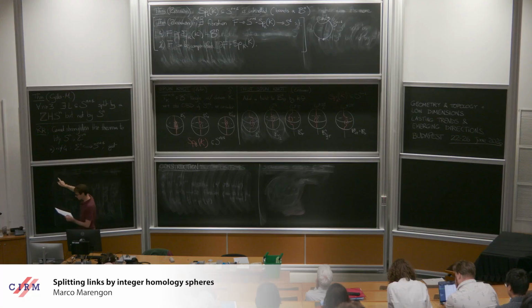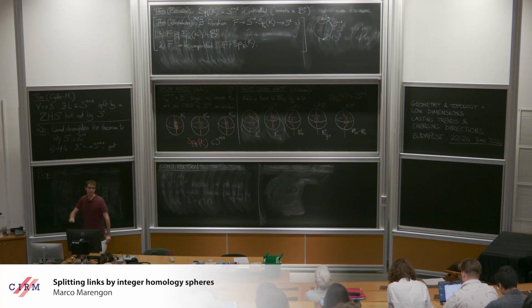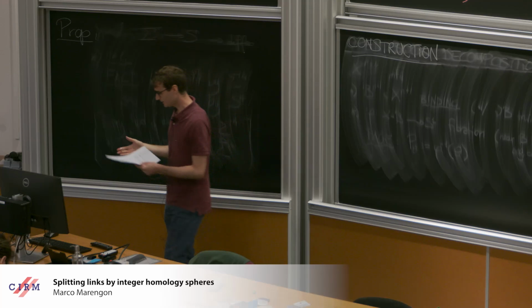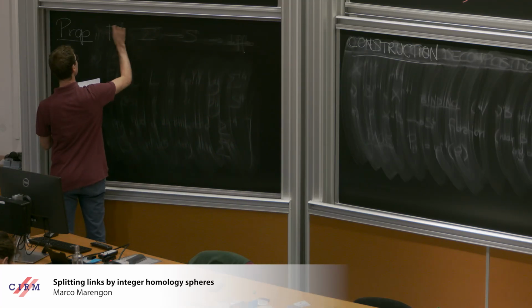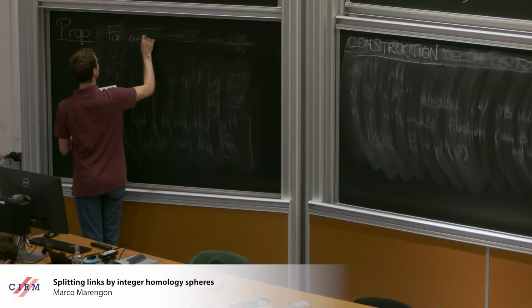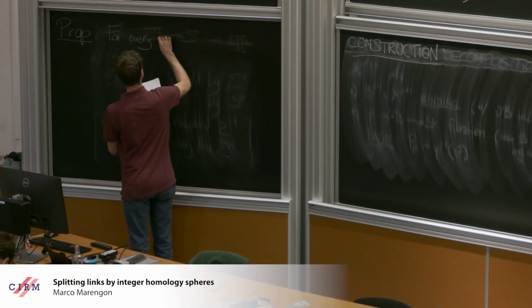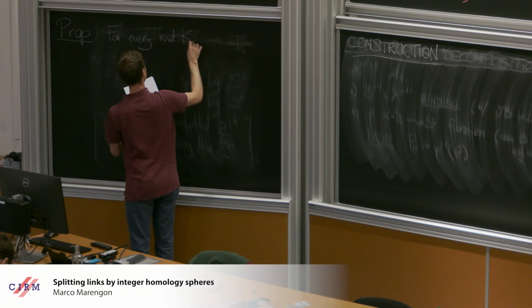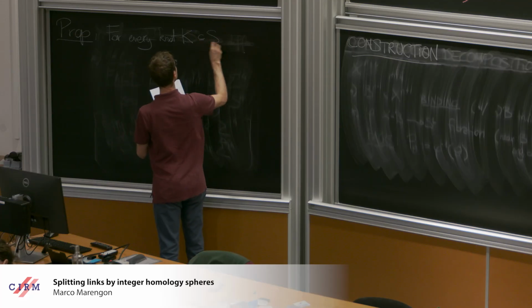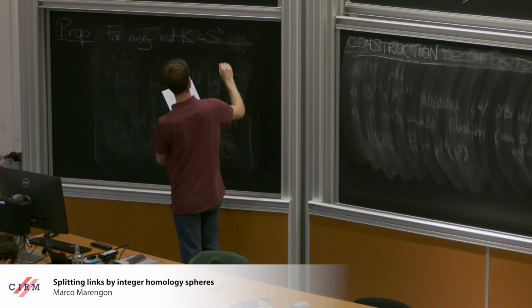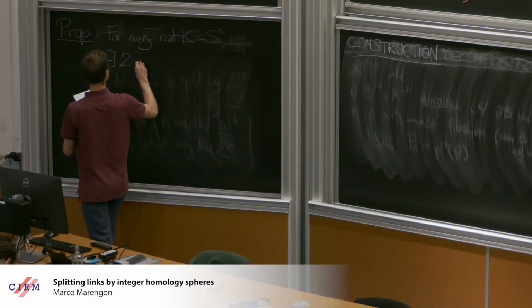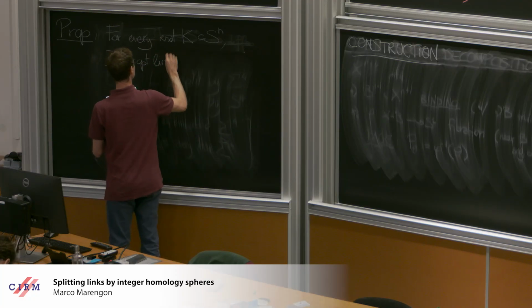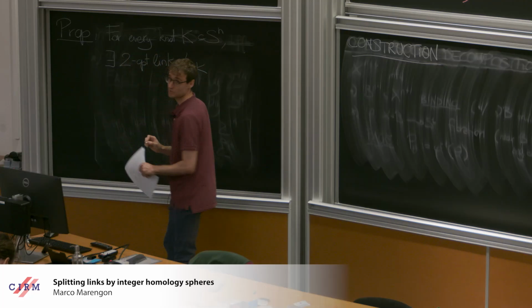So I'm going to put the statement here on the left, so I will not erase it. This is the main technical ingredient, probably, of the proof. And the statement is that for every knot K in S^n, there exists a two-component link, L_K, associated to it.